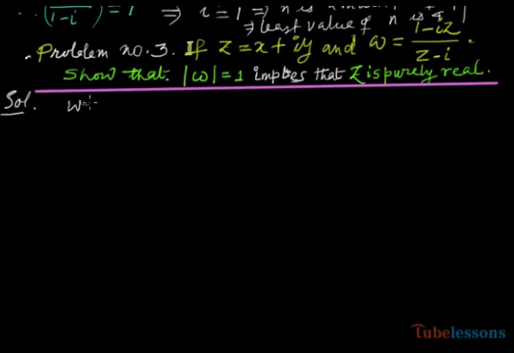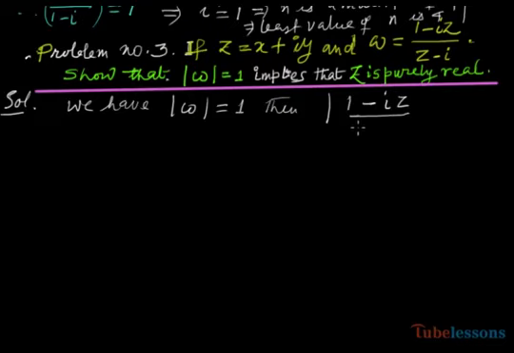Now we have mod of omega is equal to 1 for omega equal to (1 minus iz) by (z minus i). So this is equal to 1.